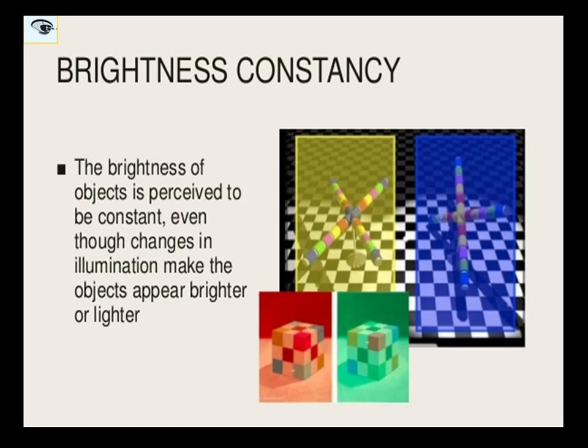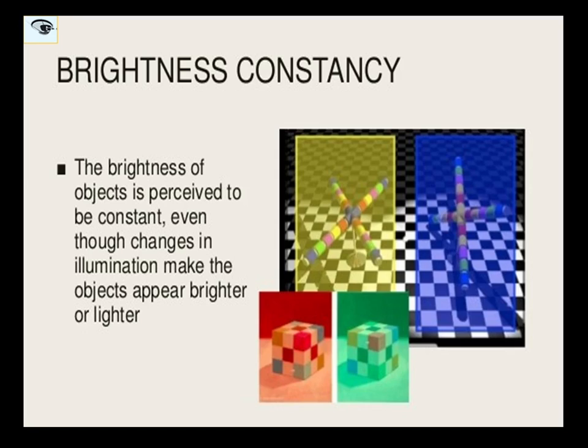Basically, our experience of brightness does not change in spite of changes in the amount of reflected light reaching our eyes, isn't it? So we have a tendency to maintain apparent brightness as constant under different amounts of illumination, right?